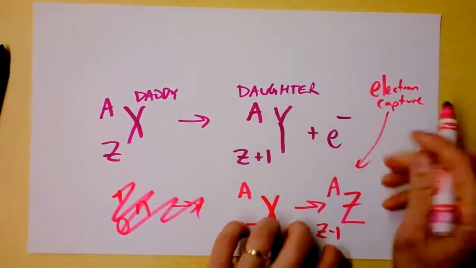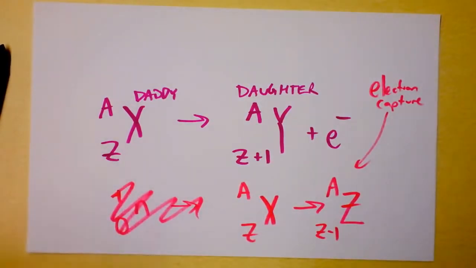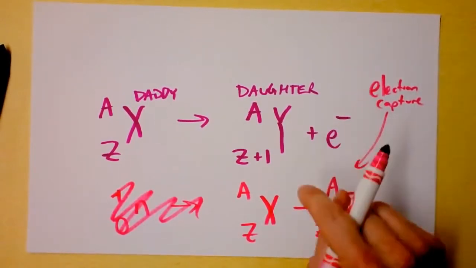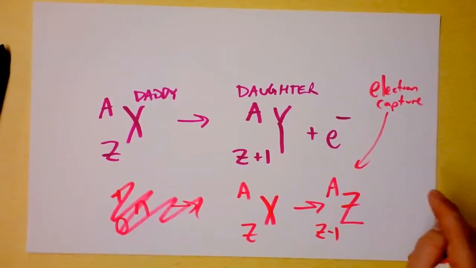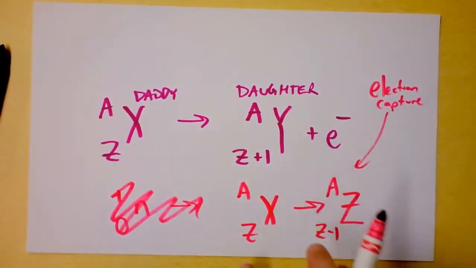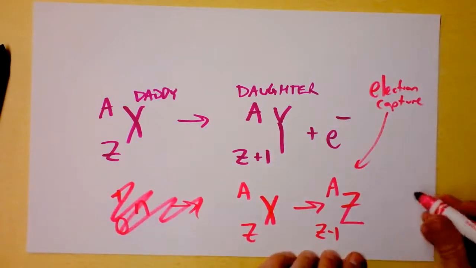The opposite of spitting out an electron is capturing an electron, and capturing an electron is the same thing as spitting out an anti-electron, because having an anti-electron is exactly like not having a real electron.